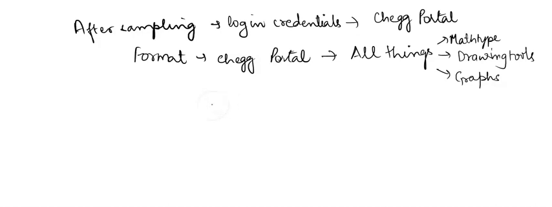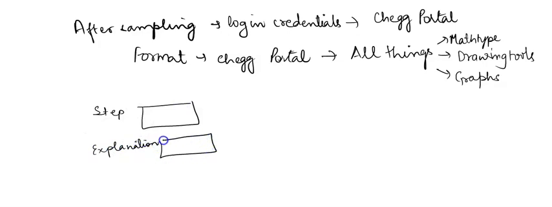You just have to use it. In the portal itself, the steps box is there, and also the explanation part is there along with the step box. So you don't have to type the step or explanation separately. You just go with your steps and their explanation.